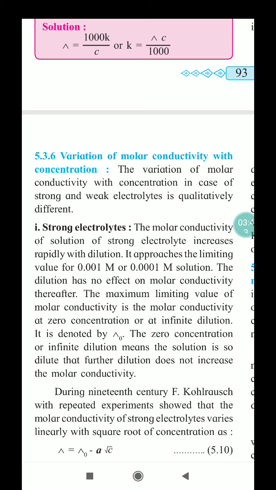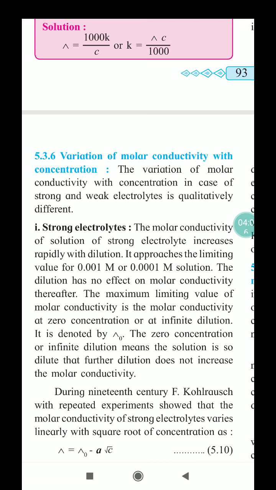So here is the variation of molar conductivity with concentration. We know that there are 2 electrolytes, one is weak electrolyte and another is strong electrolyte. First of all, strong electrolyte: the molar conductivity of the solution of a strong electrolyte increases rapidly with dilution because 100% dissociation is there.